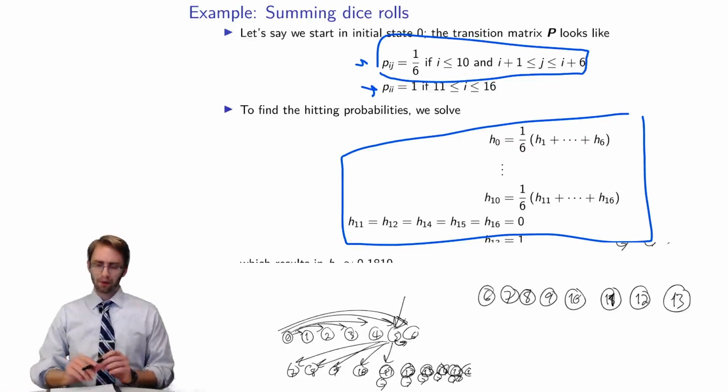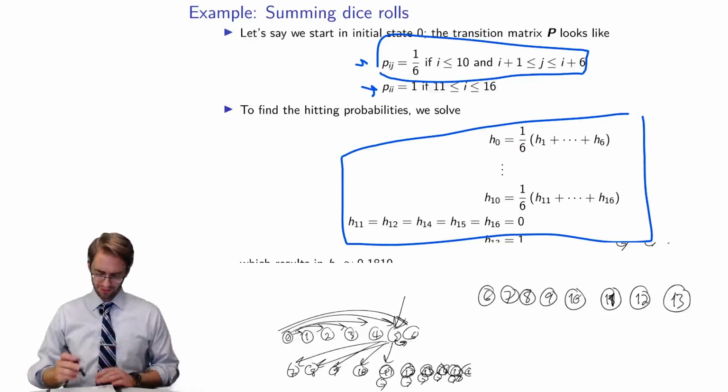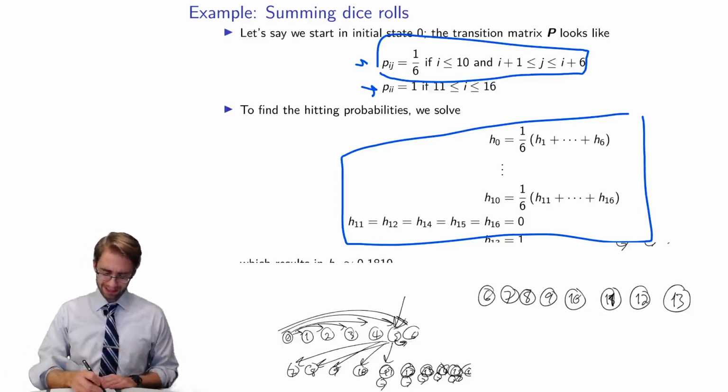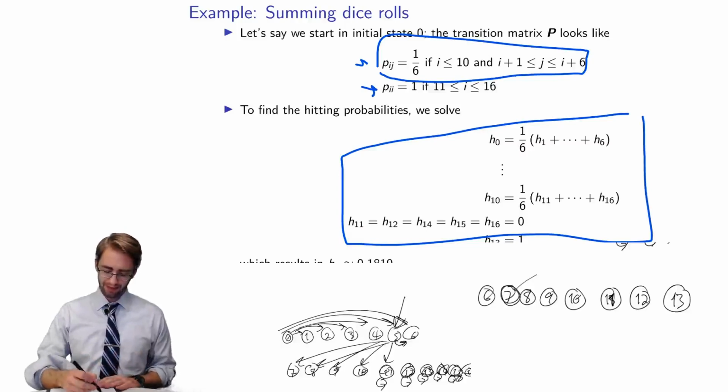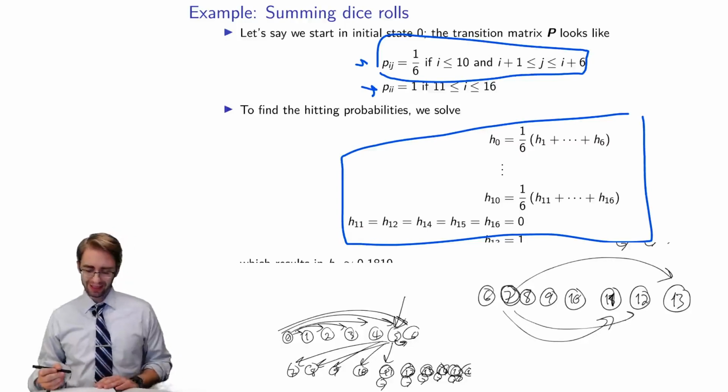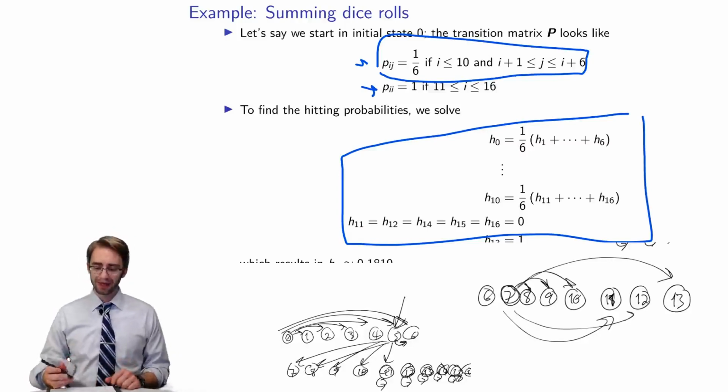And I guess the point that I want to emphasize is just the following. If I'm in state 7, which is the state that is most likely to land in state 13 eventually, if I roll a 6, I would land in 13. A 5 or a 4 would not be useful to me. But if I roll a 1 or a 2 or a 3, I've still got the chance open of landing on 13 on the next roll.